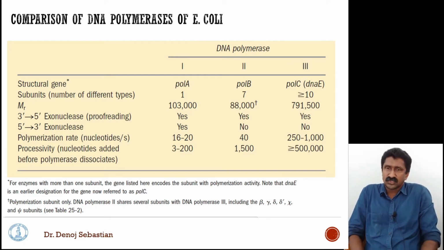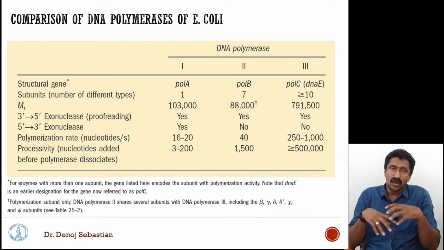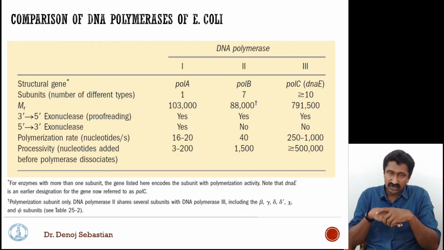Okay, so the next characteristic of the DNA polymerase is the processivity. The processivity of DNA polymerase is the ability of that enzyme to polymerize long stretches of the DNA. For example, the length of the DNA molecule that is produced in a single stretch is much higher in case of polymerase 3, because polymerase 3 is actually intended for the specific purpose of the entire DNA replication of the chromosome.